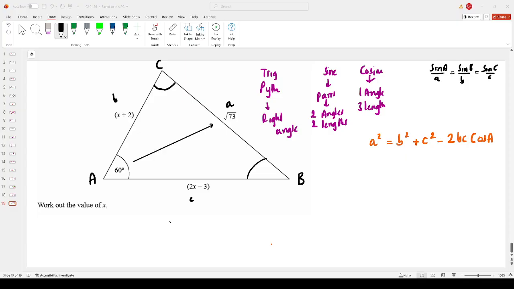Right, okay. So now I substitute into my formula. Easy. Right? So let's go. Little a, so that's root 73 equals x plus 2 squared plus 2x minus 3 squared. Okay, I've got to move this along.